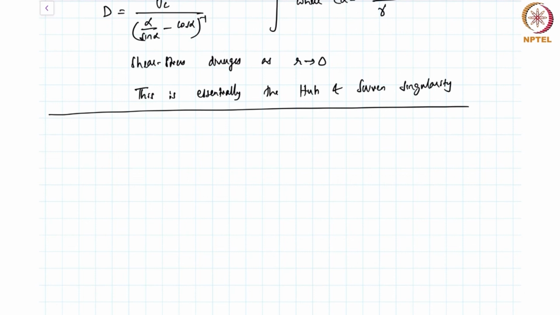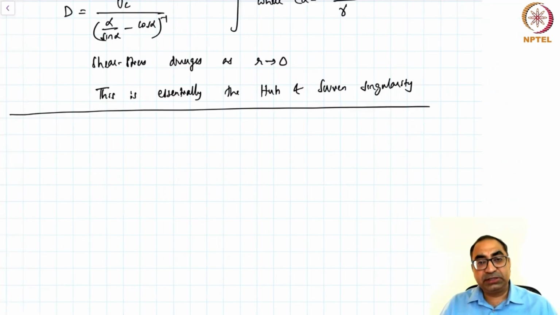There have been a lot of attempts to introduce new physics near the contact line and also model this in some way. I'll briefly talk about some of the modeling strategies that people have employed over the years, and what the goal of these modeling strategies is.